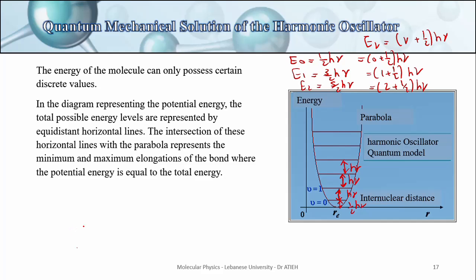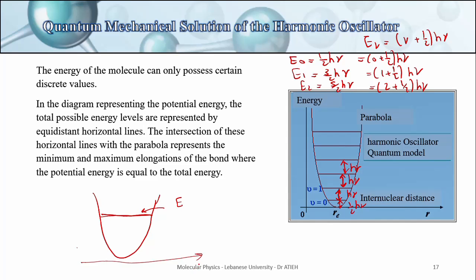Let us try to understand this diagram represented here on the right. So this is the potential energy curve, and as you can see we have horizontal lines. These horizontal lines represent the vibrational energy of the molecule. So the vibrational energy can be, as we have said, half hν, 3 over 2 hν, 5 over 2 hν, etc. So they are separated by hν.